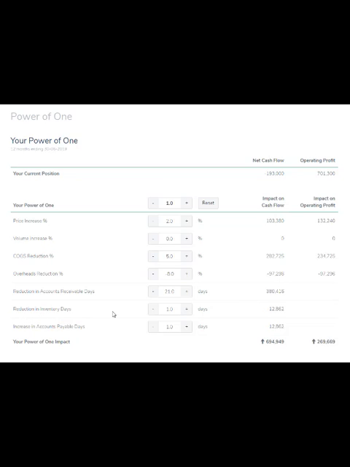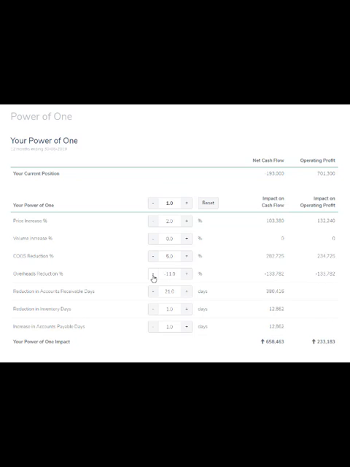We can also look at inventory days, so we may pay someone else to control our stock flow and get things out to our customers quicker. We're going to put some stock control processes in place.